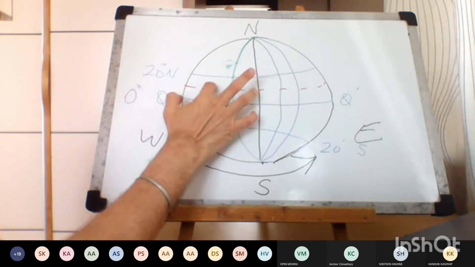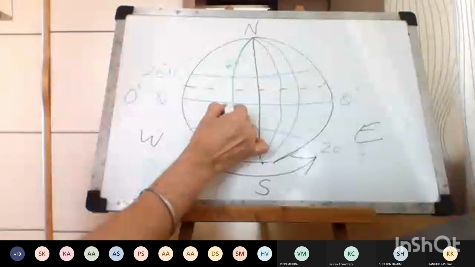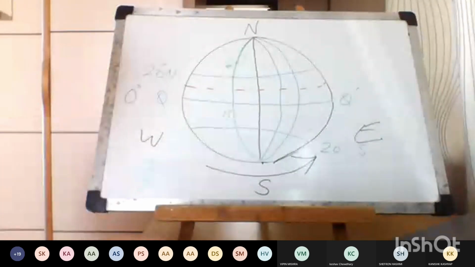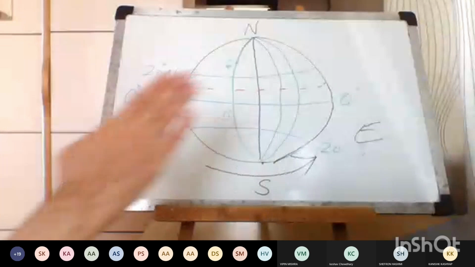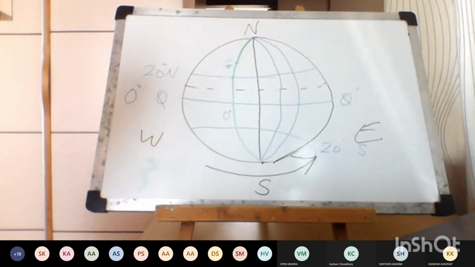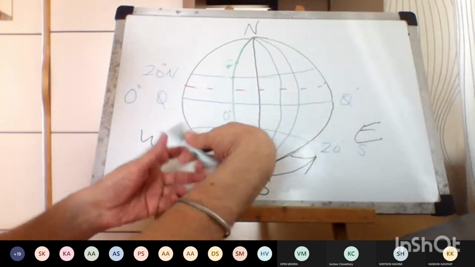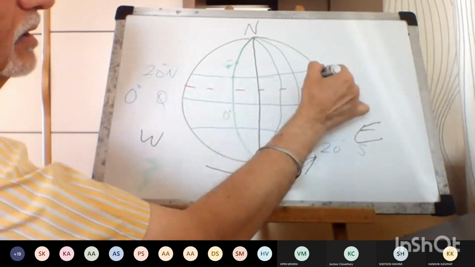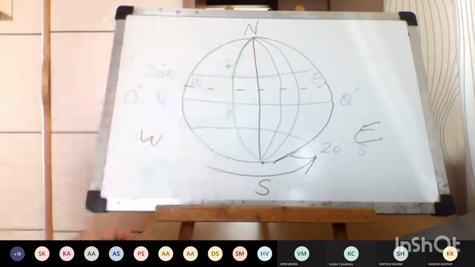This one was designated as zero longitude. So we call this zero longitude. And again, it divides the Earth into two hemispheres. This is to the east, we called it the Eastern Hemisphere, and this one we call the Western Hemisphere.